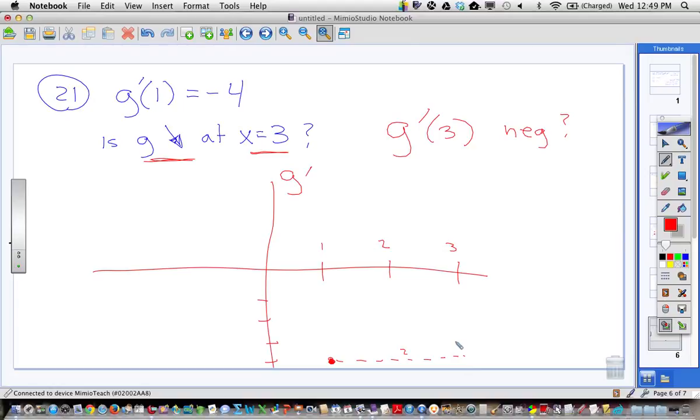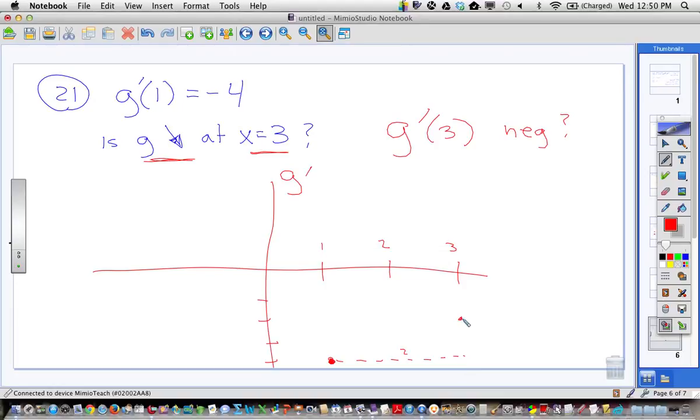So worst case scenario, let's say the slope is 1. It never is 1, even, right? G double prime is never even a y value of 1. Now, it's always positive, so we do know this graph's going to go up. Okay, that didn't help much, because I want to know how much it goes up. Well, that's where the y value comes in. It never is as much as 1. So that means if I go over 2, how much am I going to go up?